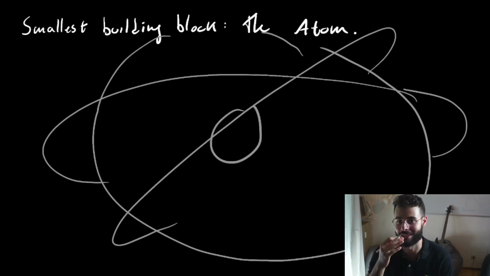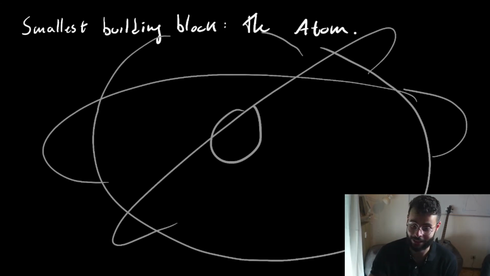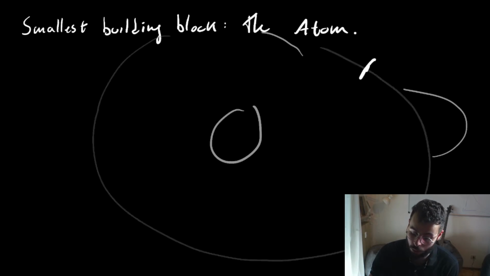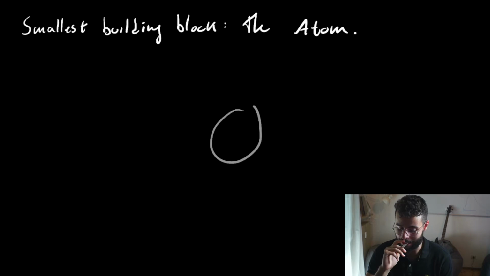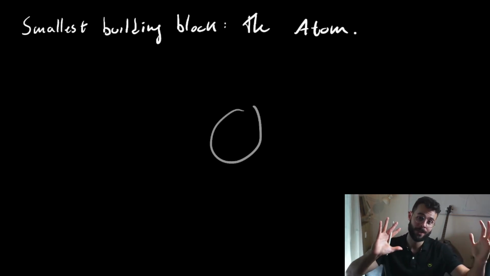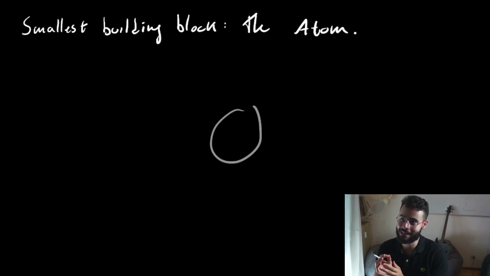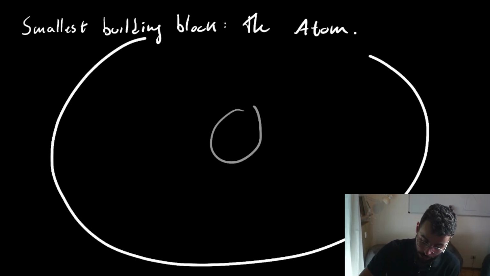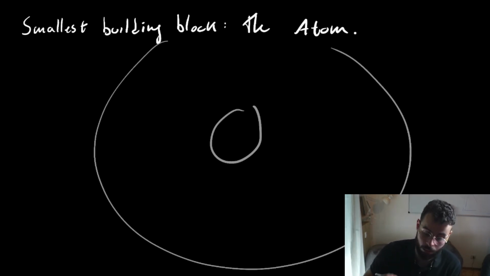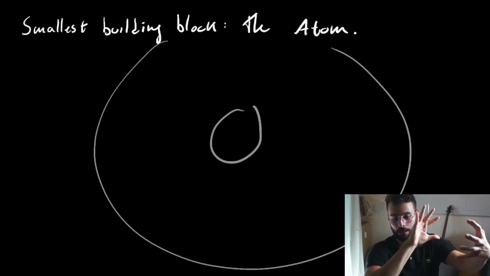But recently we understood that this model is completely incorrect. What is more correct when it comes to quantum physics and chemistry is that an orbital is actually an area in which an electron is statistically likely to be. So imagine you have a circle around the atom, and you have a 3D structure, like a 3D orbital.